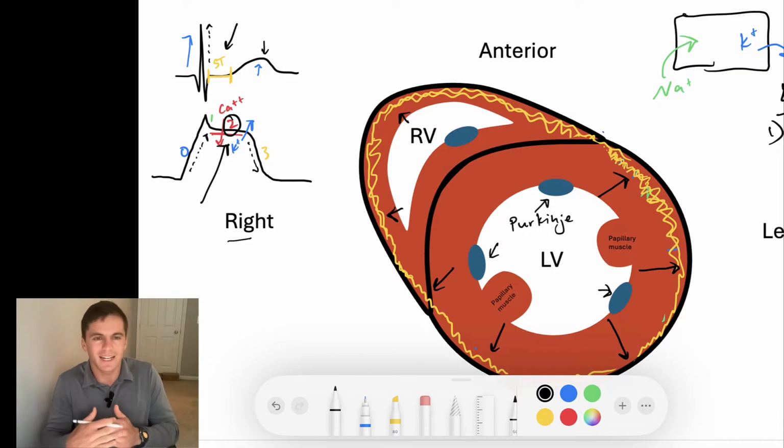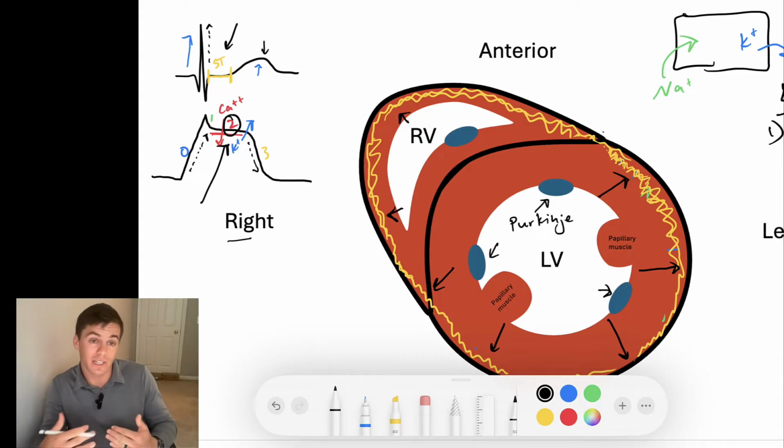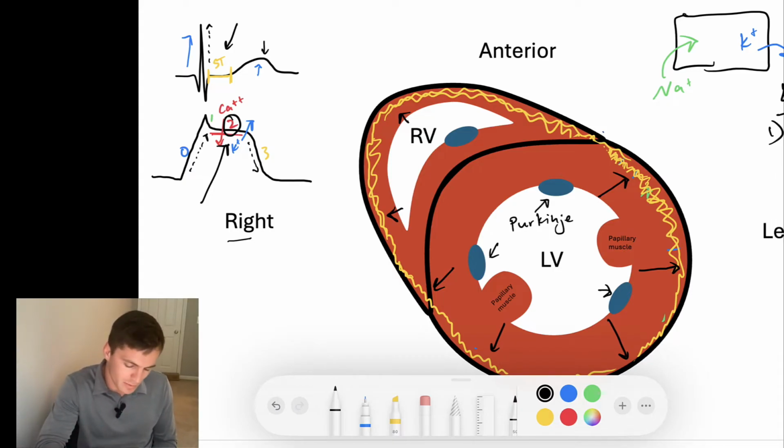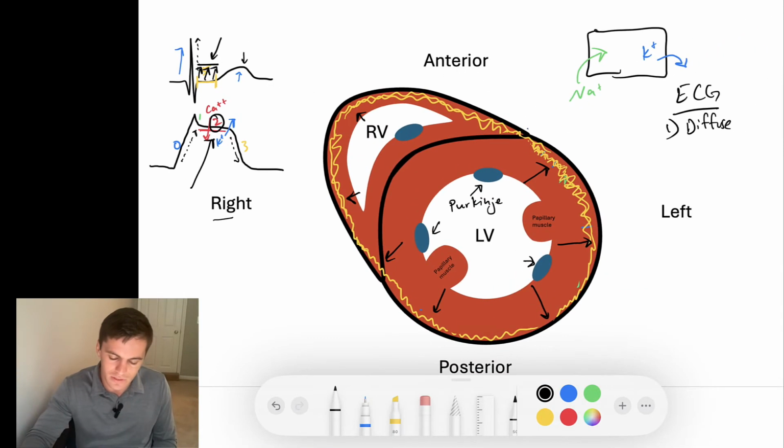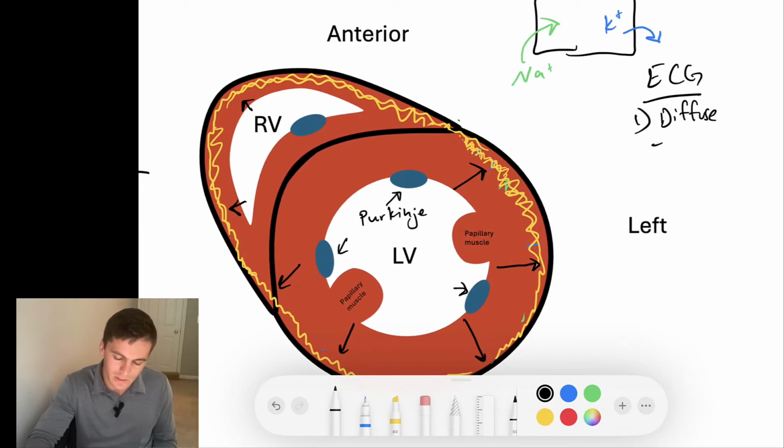So if there's a lead there, what are we going to see? We are going to see a positive change in our ST segment, so our ST segment is going to be elevated. So the first thing we're going to see on an ECG is diffuse ST segment elevation.